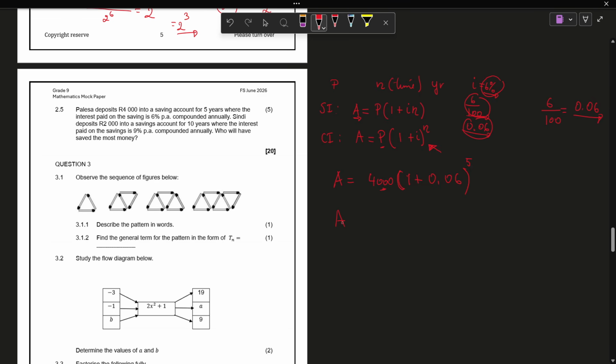Now in the second case, so here the first case, it was a compound interest. Now in the second case, looks like we got a simple interest. How do I know we got a simple interest?